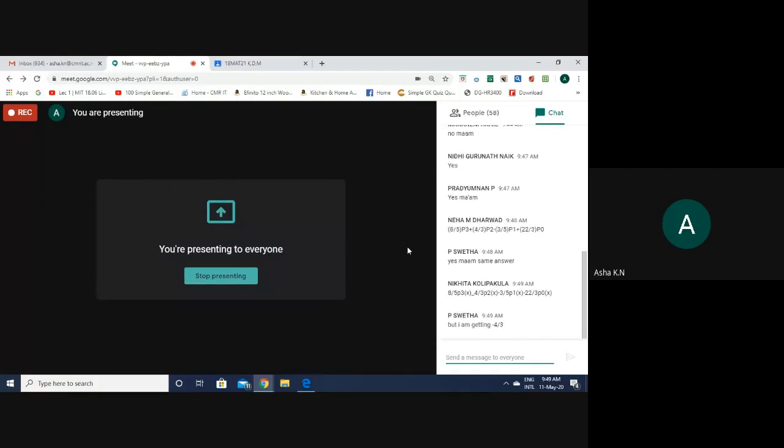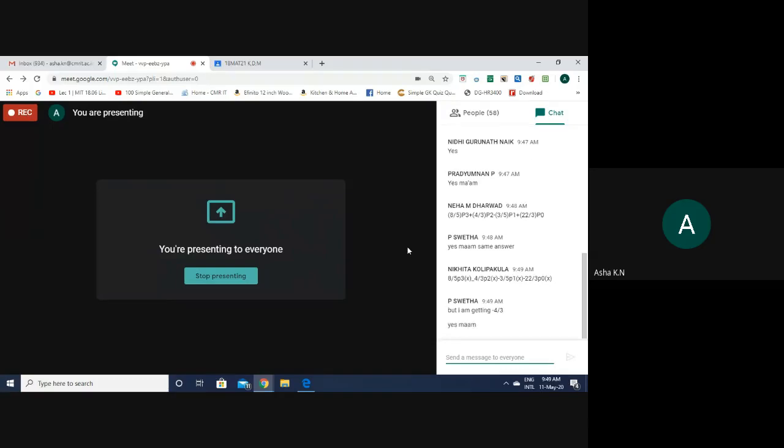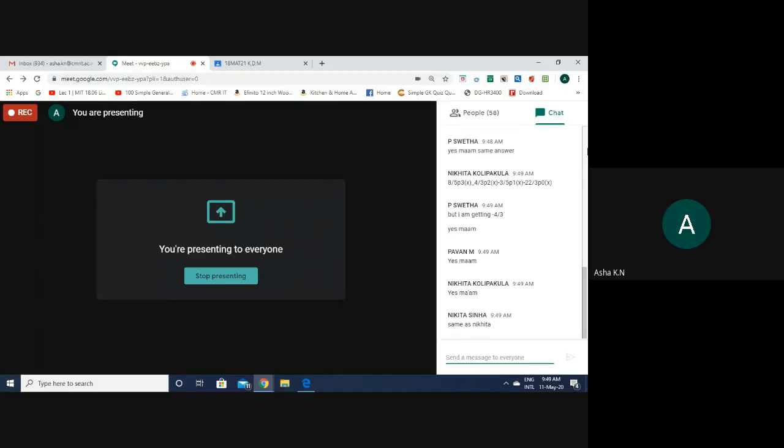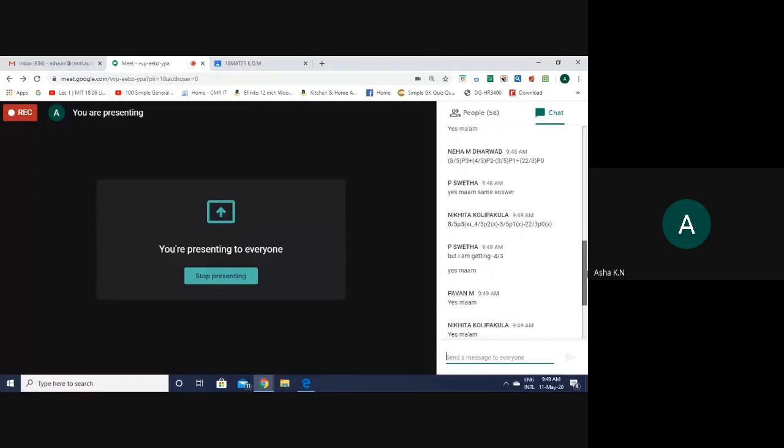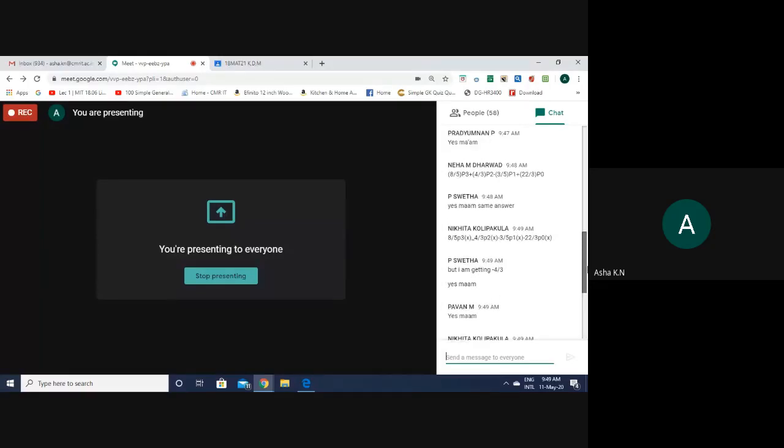You have got minus 4 by 3. Okay, Nikita and Shweta both have got minus 4 by 3. Minus 3 by 5, and is it minus 22 and one had plus 22 by 3 last term? Neha plus 22, Nikita minus 22. Shweta, is it plus or minus?